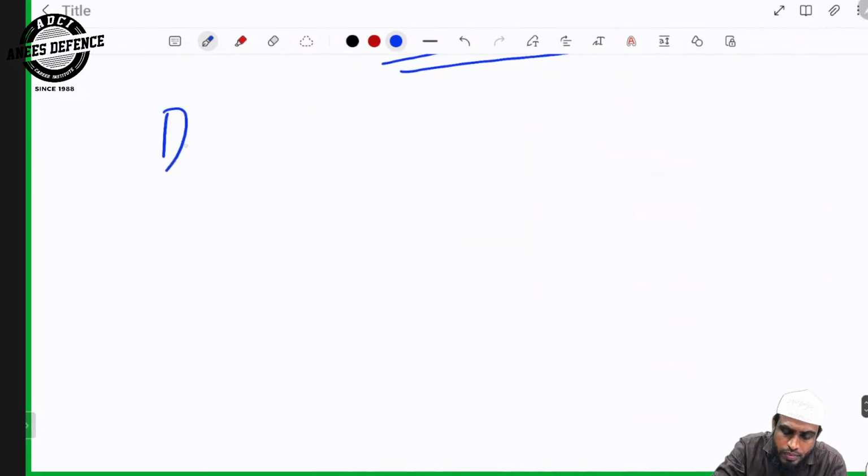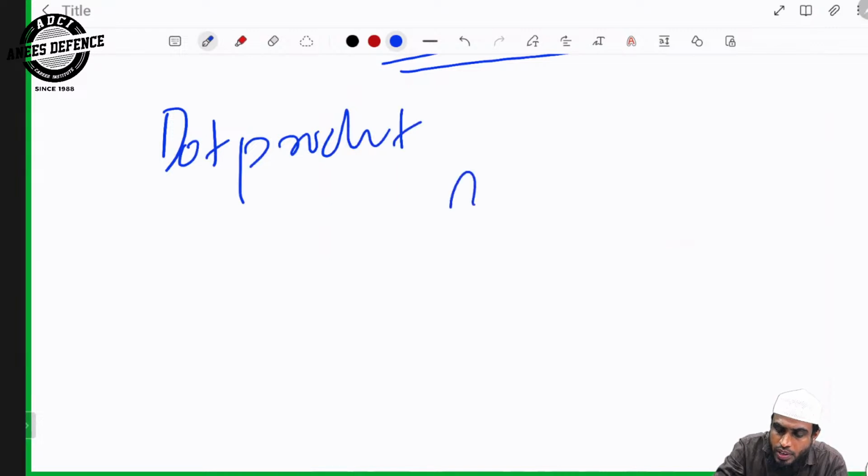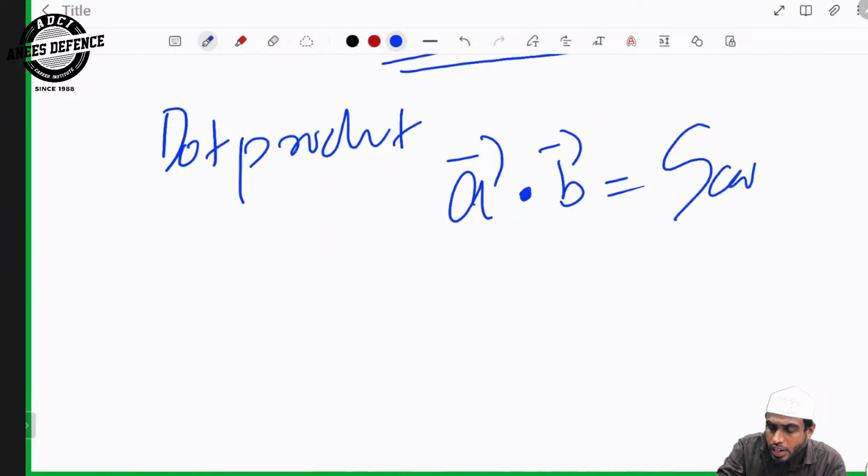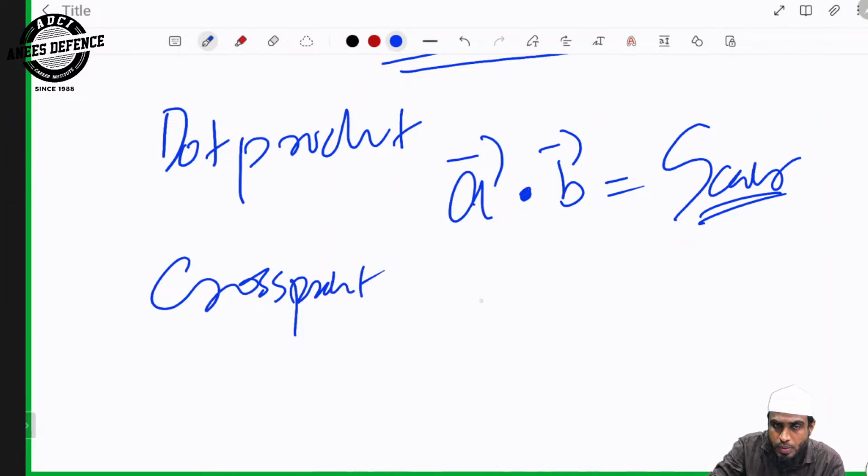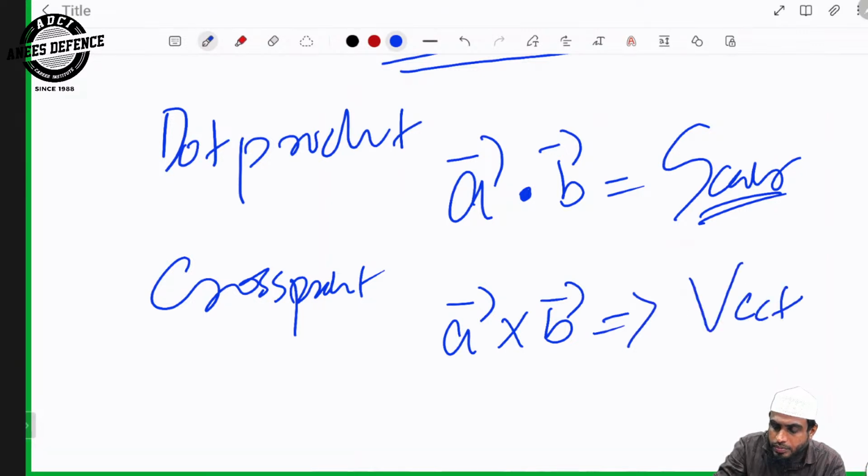Dot product is normally represented as vector A dot B. The answer will be a scalar. Cross product is represented as A cross B. The answer will be a vector.